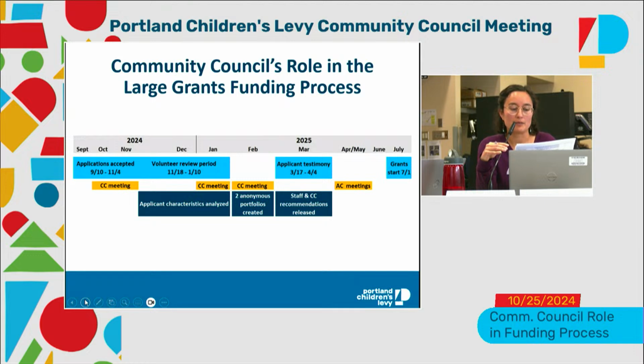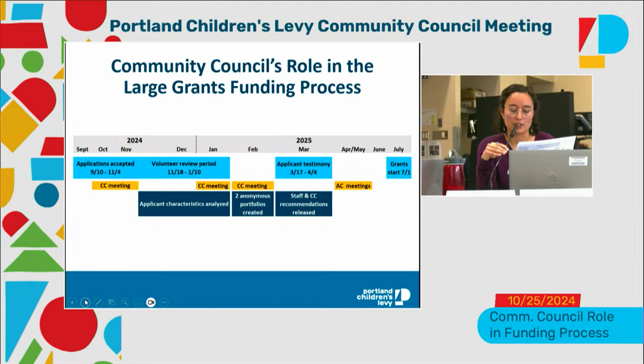At the same time, staff will compile and analyze applicant characteristics. So at this meeting that we are currently in, we are orienting you to the upcoming funding process. Come late January, staff is going to bring you our analysis of the applicant pool. And we're going to ask you to advise us on what applicant characteristics staff should use to craft 2 anonymous portfolios of applicants.